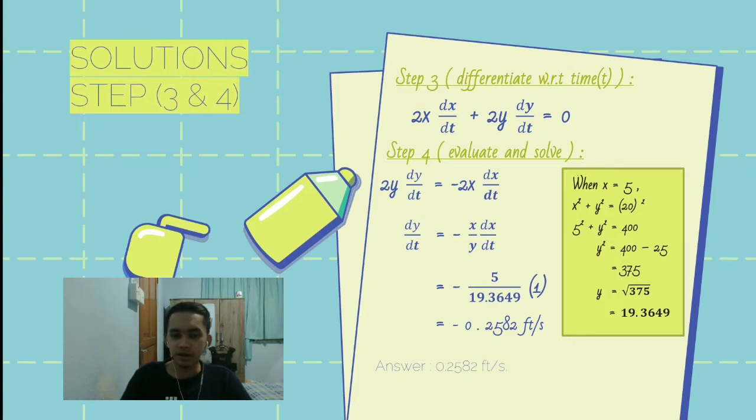Step 4. Evaluate and solve. 2y dy/dt equals negative 2x dx/dt. dy/dt equals negative x over y times dx/dt, which equals negative 5 over 19.3649 times 1, which equals negative 0.2582 feet per second.